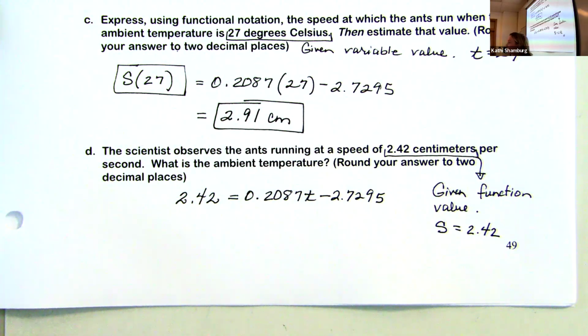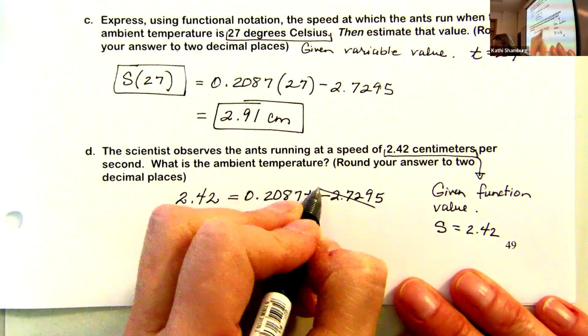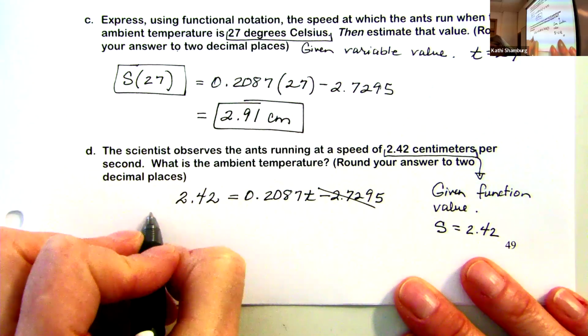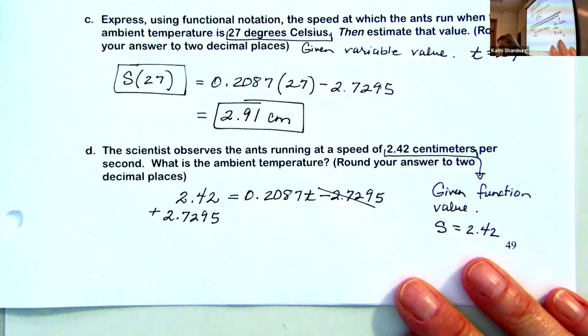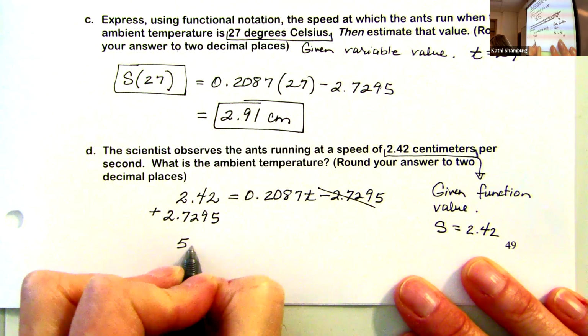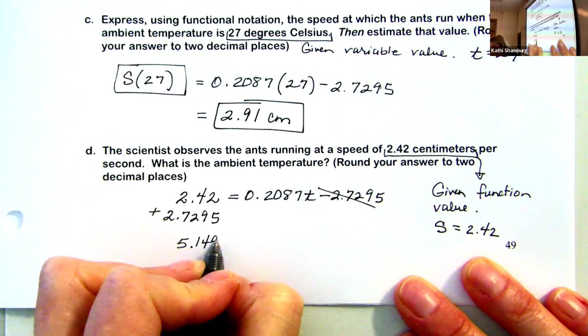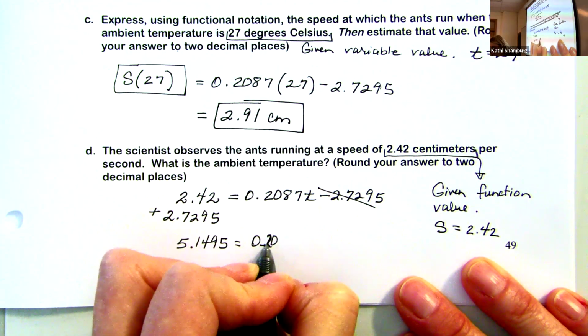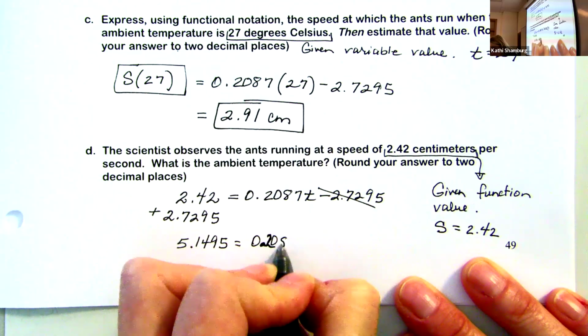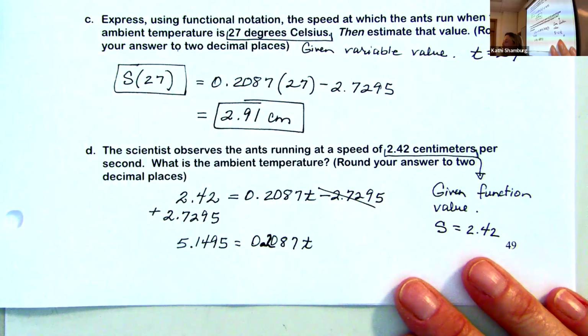What are you gonna do first? Add 2.7295. So you're gonna move this to the other side by adding it. 5.1495. Can we undo that multiplication?